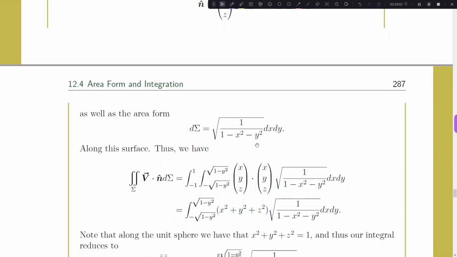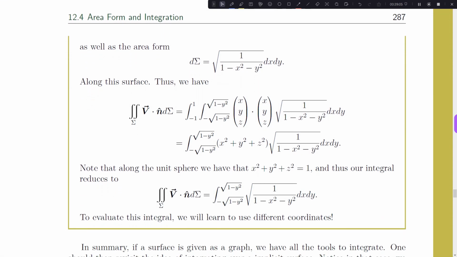And so we end up with precisely the same integral we had before, minus our typos here where we've forgotten negative 1 to 1. So in fact, this is the same integral we had before, and we calculated before that this was equal to 2 pi. So that's the flux in this specific case.